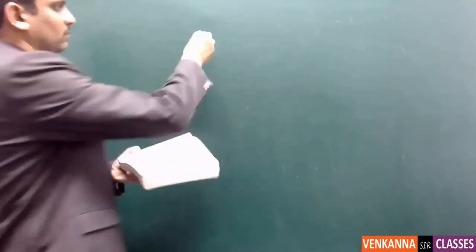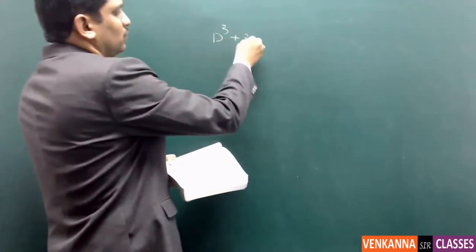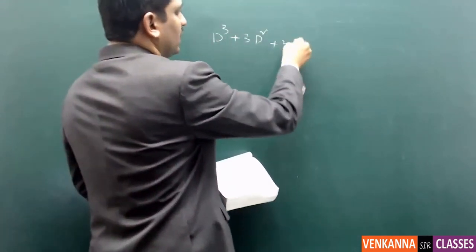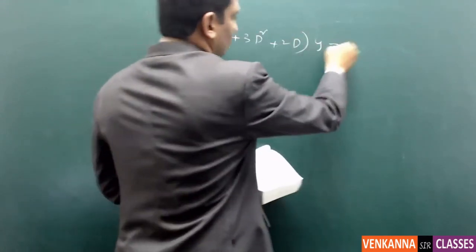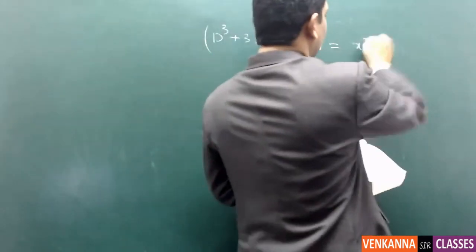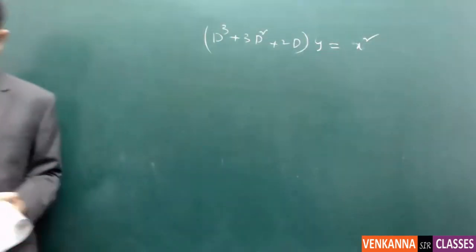So take the problem: d cube plus 3d square plus 2d of y is equal to x square. So please take a note of that.